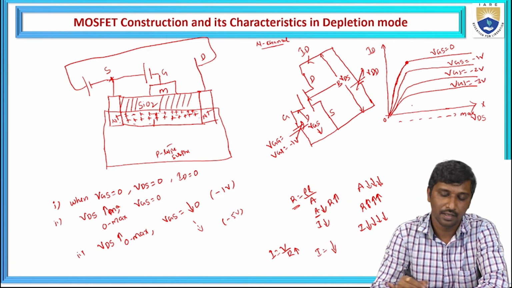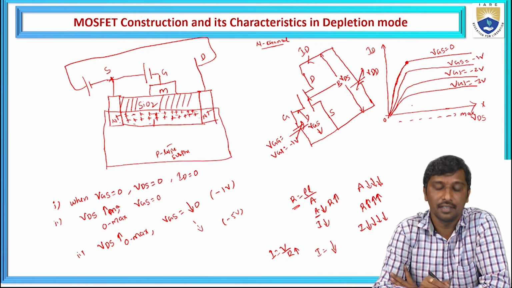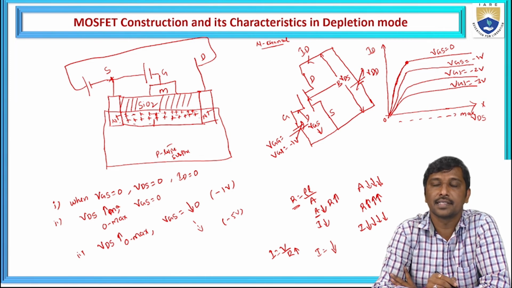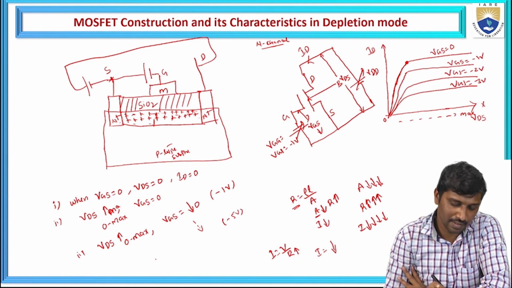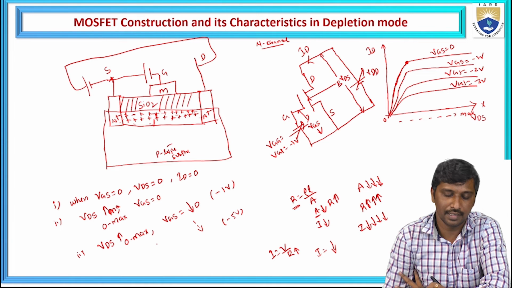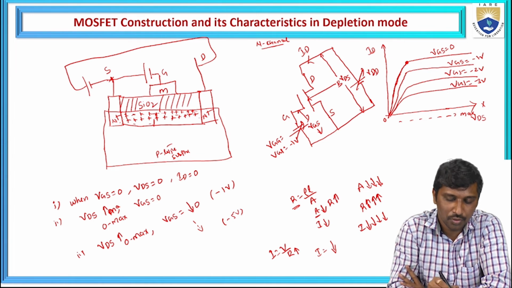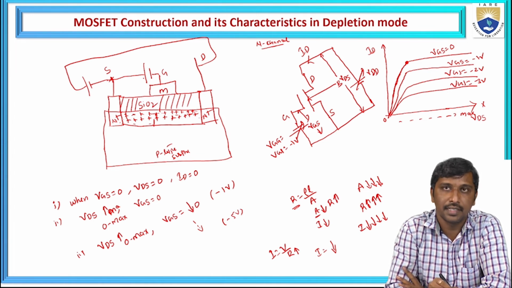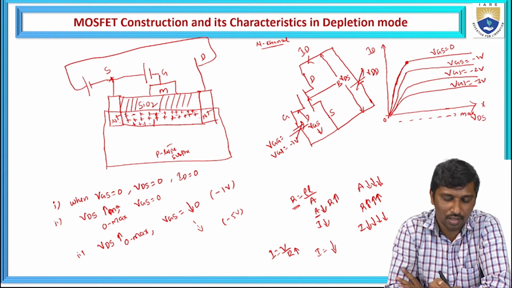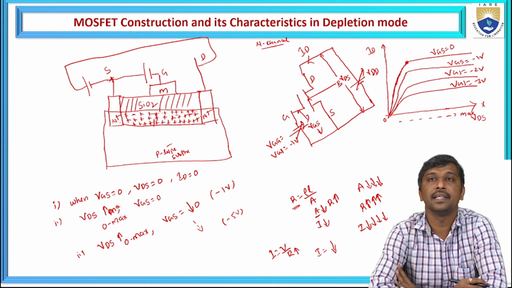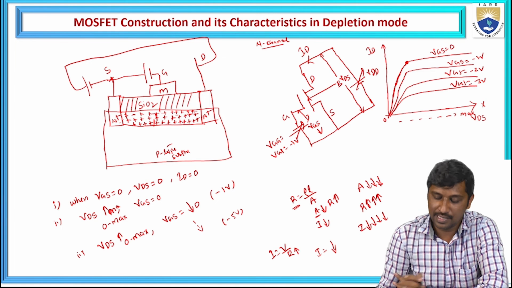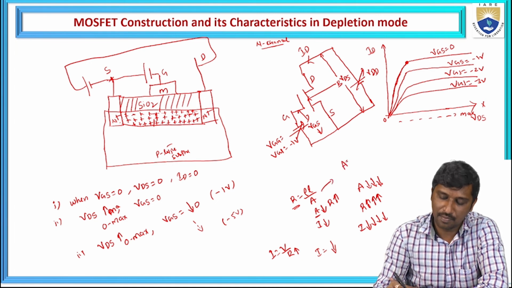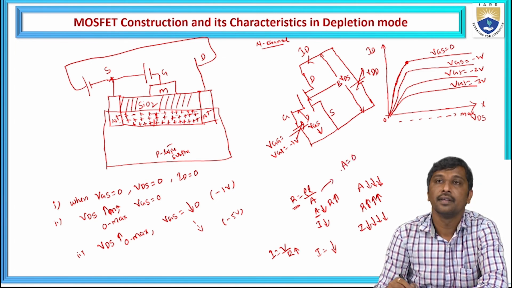Let us consider a very large reverse voltage applied through the gate terminal. Due to that large voltage, it completely occupies the channel area, which means the area becomes 0.